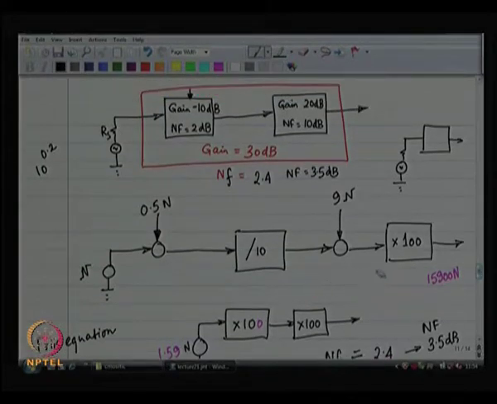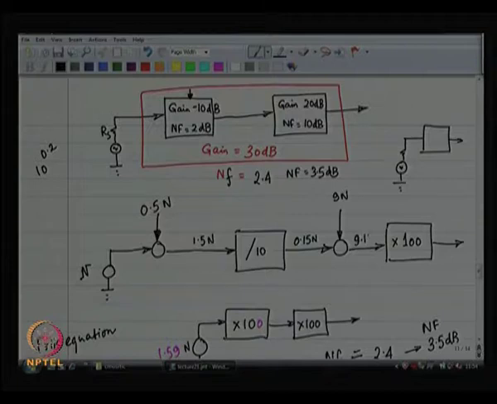Now, my numbers are going to change. Now, I have got 1.5 n over here, that is going to be divided by 10 instead of multiplied. So, I am going to get 0.15 n over here. Now, 9 n is going to be very significant compared to 0.15 n.